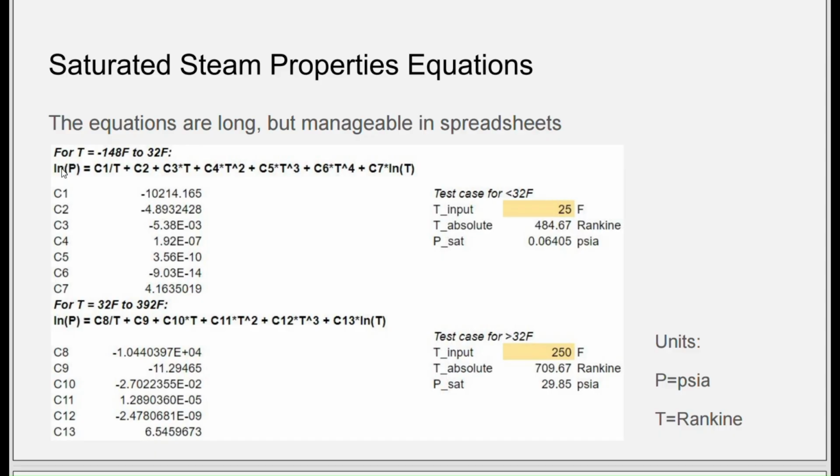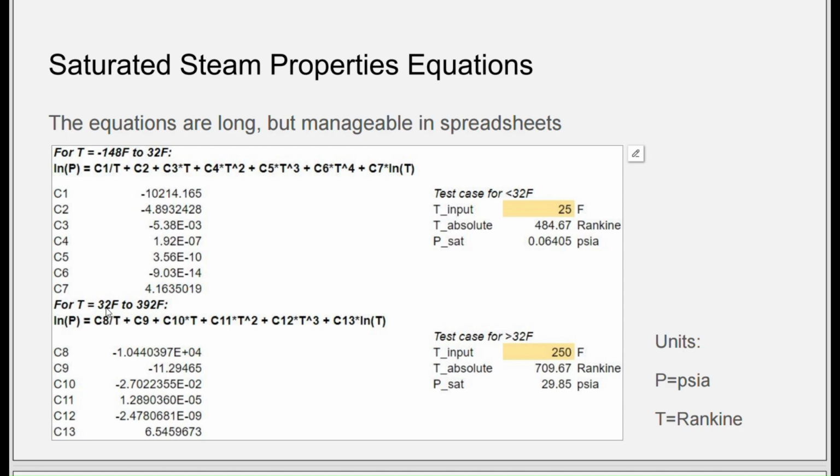This is the equation, though. It's messy because you've got your natural log of pressure is equal to all these coefficients times an absolute temperature times natural log of a temperature. And what you can do is just take the E or the exp to each side, and then you're left with pressure equals E to this long string of equation.